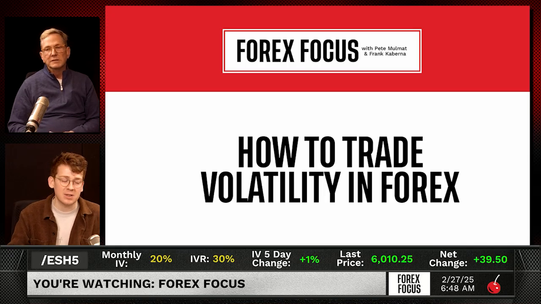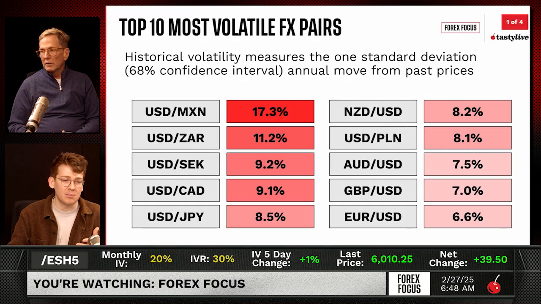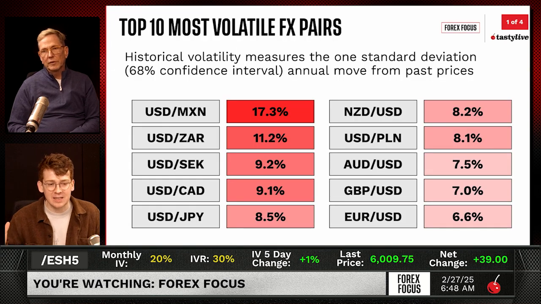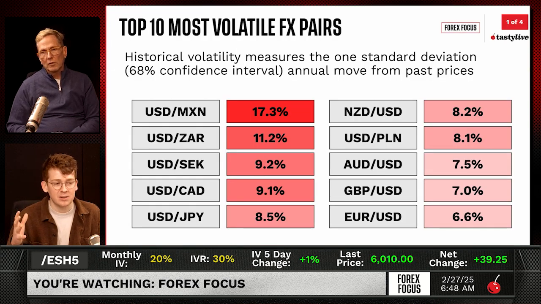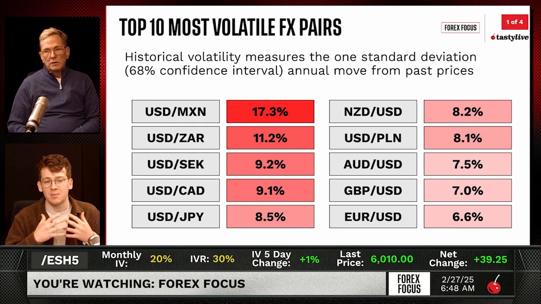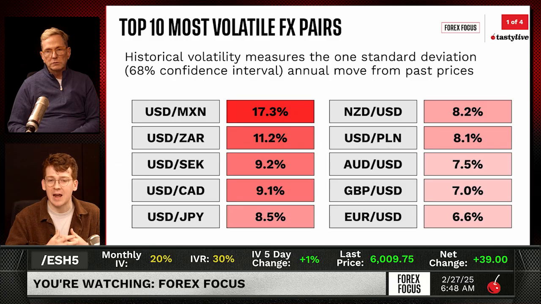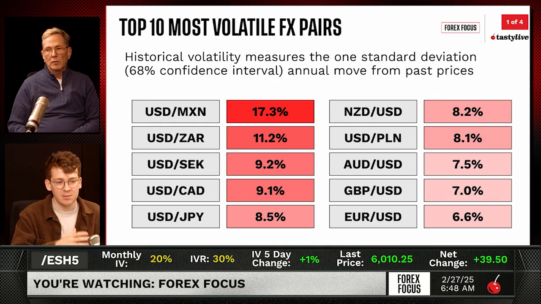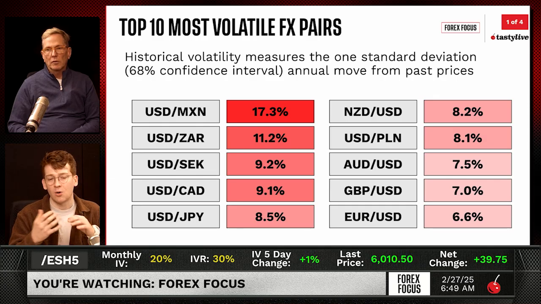But I do want to get to something that is really core to almost anything, because, again, volatility is the name of the game. We talked about the most volatile pairs in an earlier episode, but I just wanted to bring this back to show the most classic way that everybody universally measures volatility. It's with the historical volatility number, the percentages that you're seeing here, or an implied volatility number, percentages that are derived from options markets.